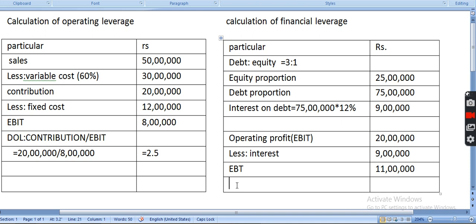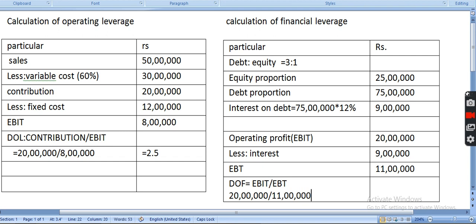So the formula of degree of financial leverage is EBIT divided by EBT. EBIT is already given, 20 lakh rupees, divided by EBT, that is 11 lakh rupees. So what will be the answer?